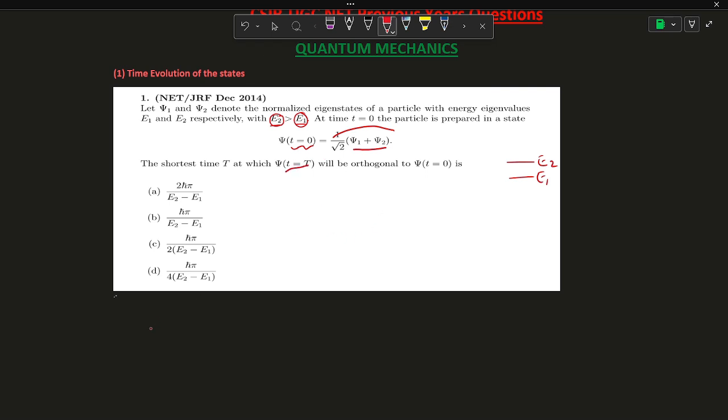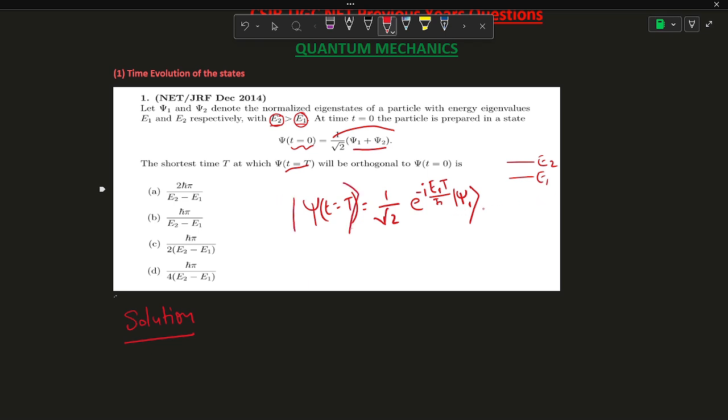So what will be the wave function? psi(t) equals 1 upon root 2 times: the psi1 state will evolve as e to the power minus i E1 t upon h cut, psi1.